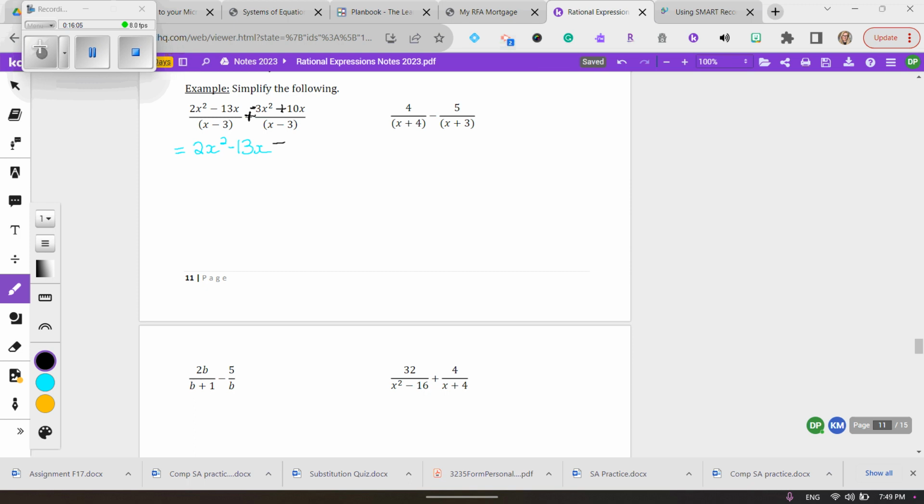So it's going to be minus 3x squared plus 10x all over top of x minus 3. So the denominator is already x minus 3. Perfect. Now I can collect like terms. 2x squared minus 3x is going to give me negative 1x squared, or negative x squared. And negative 13x plus 10 gives me negative 3.